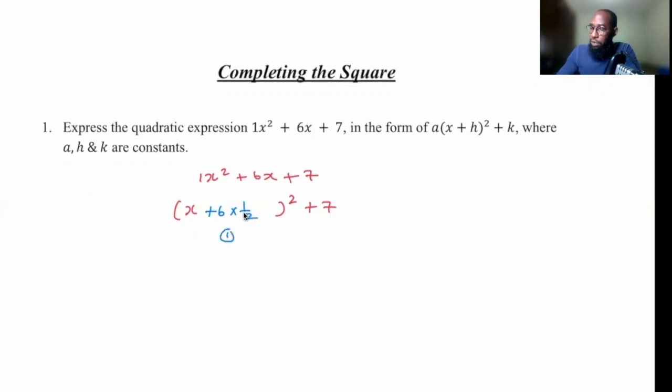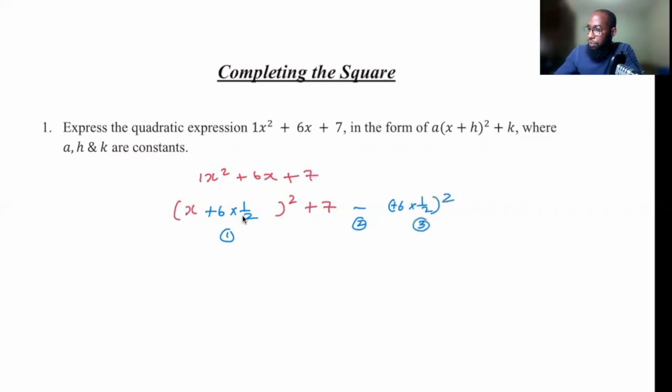This is step 1. Step 2, put a minus sign after the constant. This is step 2. Step 3, we are going to square step 1. So step 3 simply is plus 6 times a half, squared, right?